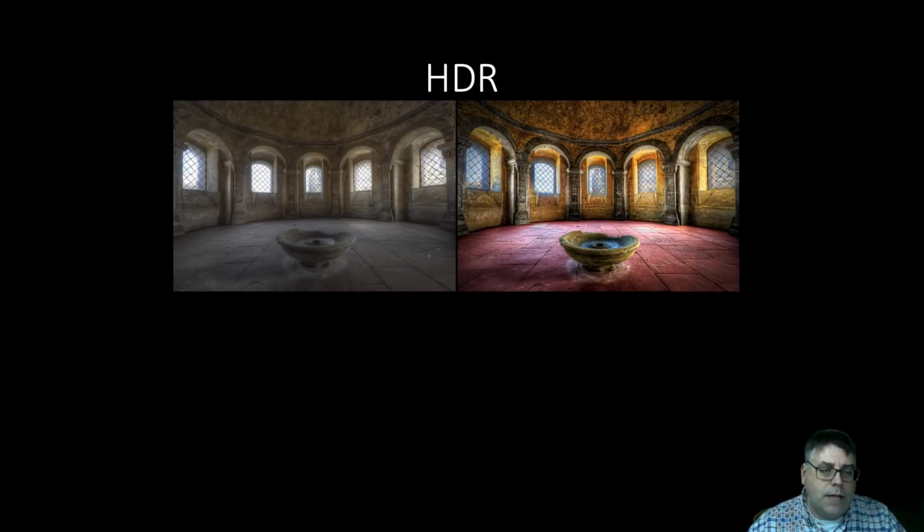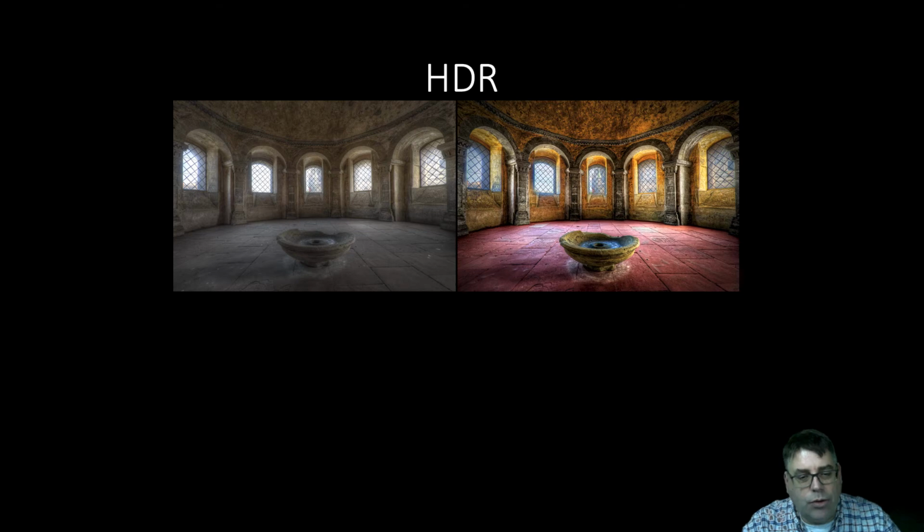So here are 2 examples of a scene shot in a traditional method and then in high dynamic range. Obviously the contrast is upped and the saturation is increased, and it just looks a little bit more interesting in an HDR image.